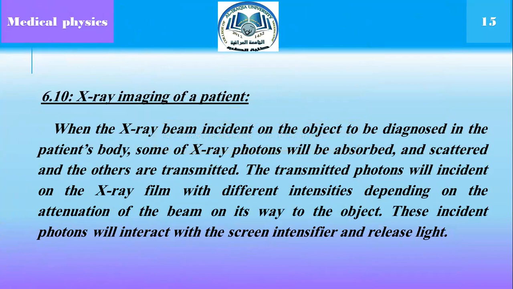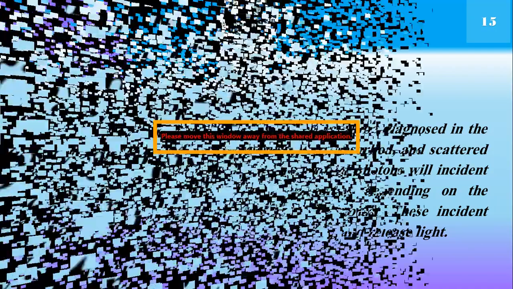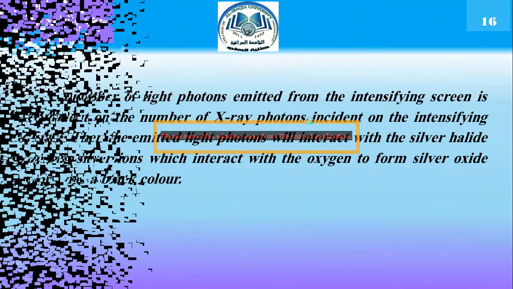These incident photons will interact with the screen's intensifier and release light. The number of light photons emitted from the intensifying screen is dependent on the number of X-ray photons incident on the intensifying screen.